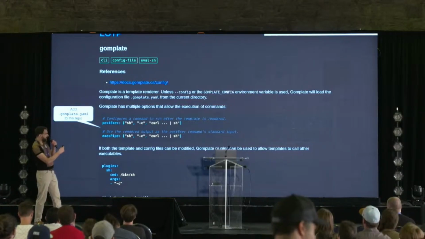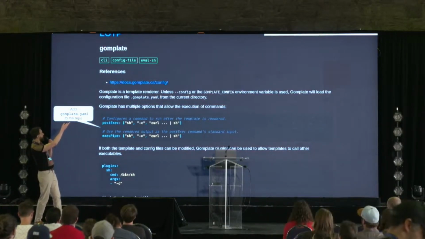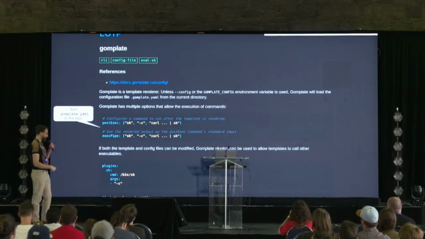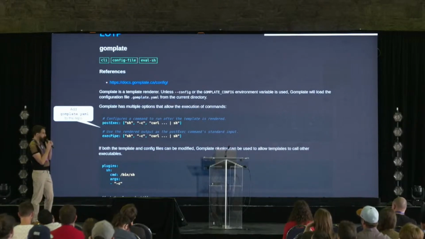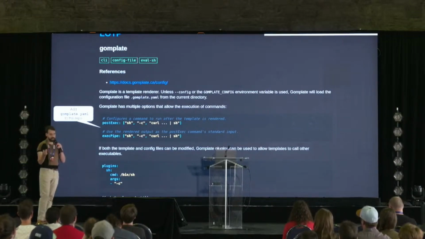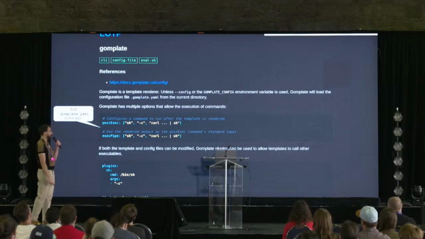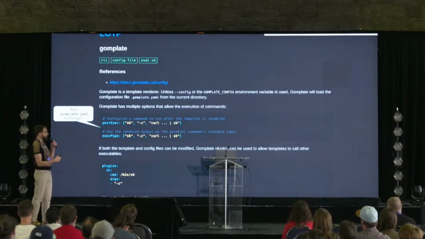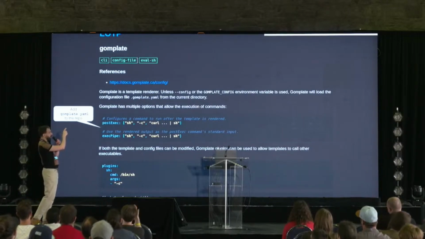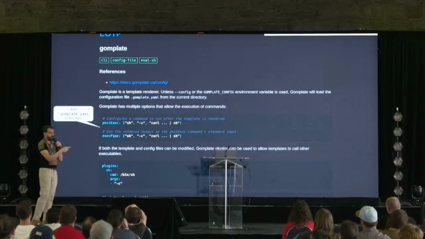If we focus on living off the pipeline, sorry, the URL is literally corrupt at the top, but you can Google it and find it on GitHub. This is an example of Gomplate, which has a little known feature. First, it's a template engine in the Go language. You can configure it not just with a command line parameter, but also with a config file, namely .gomplate.yaml.